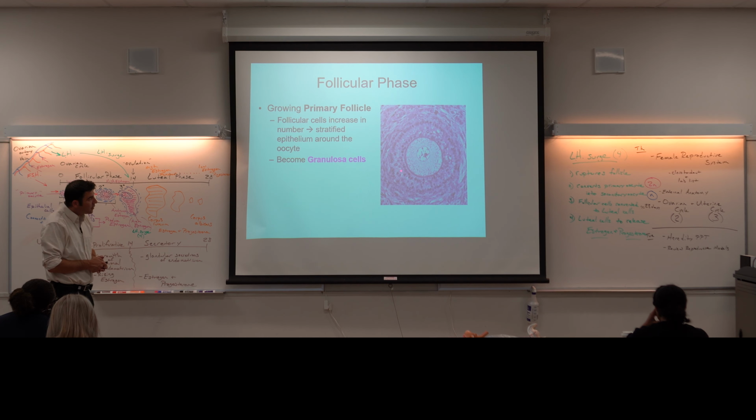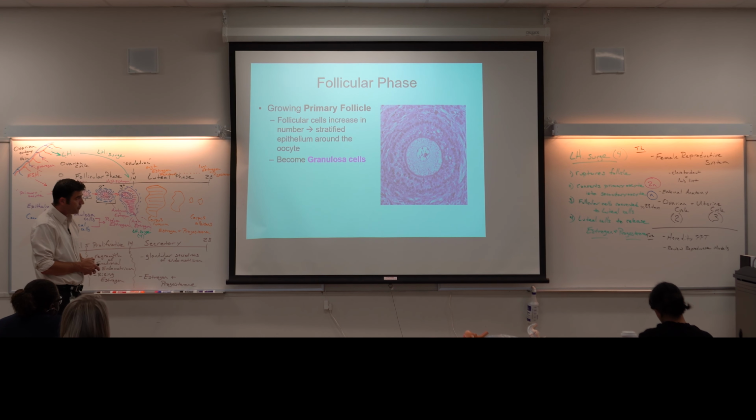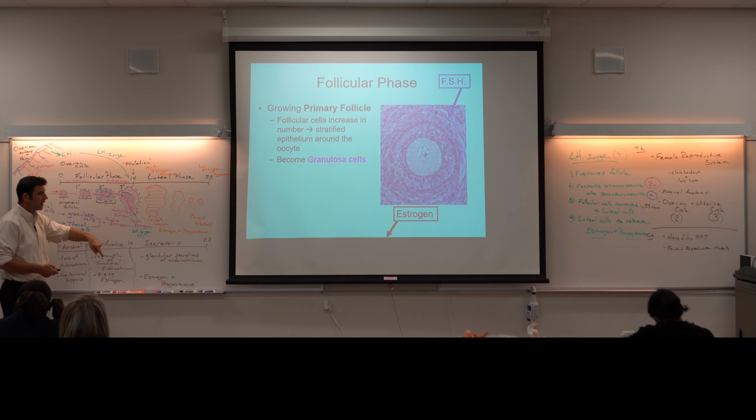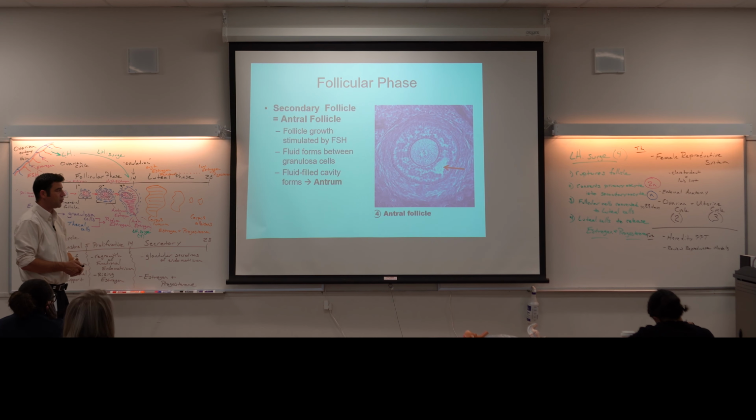In this growing primary follicle, we can once again see a lot of these granulosal cells producing estrogen. Primary follicle gives way to secondary follicle. And we know growing follicles are growing because they're getting hit by follicle-stimulating hormone, and what they are producing in return is rising levels of estrogen.